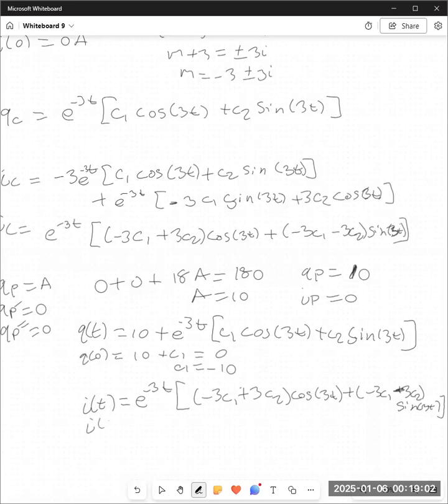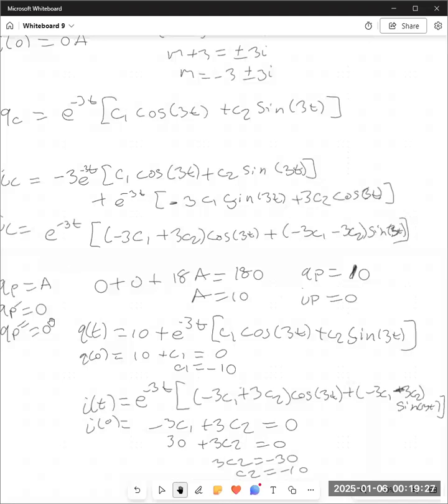And I of 0 is going to be equal to negative 3C1 plus 3C2. That's also going to be equal to 0. So this is going to be 30 plus 3C2 is equal to 0. 3C2 is equal to negative 30. C2 is also negative 10.